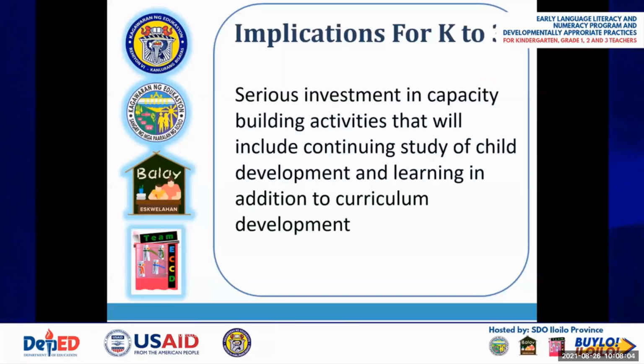Let us identify the implications of DAP for K-3 learners. Serious investment in capacity building activities will include continuing study of child development and learning in addition to curriculum development.